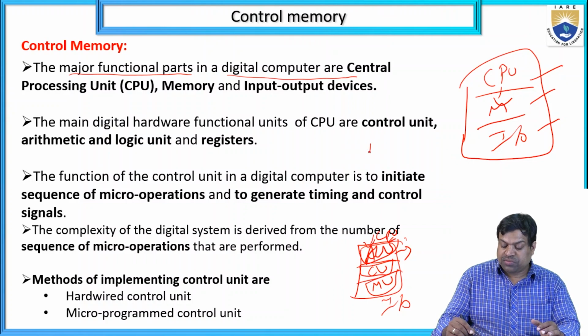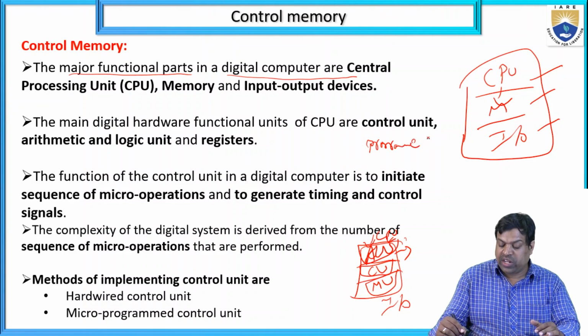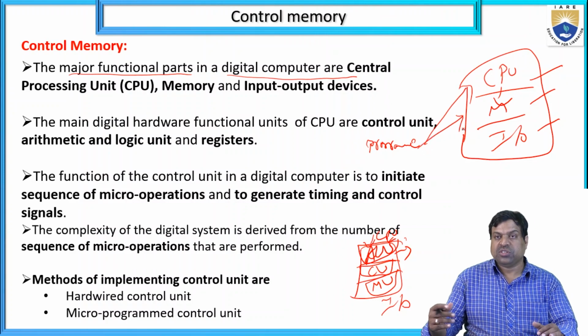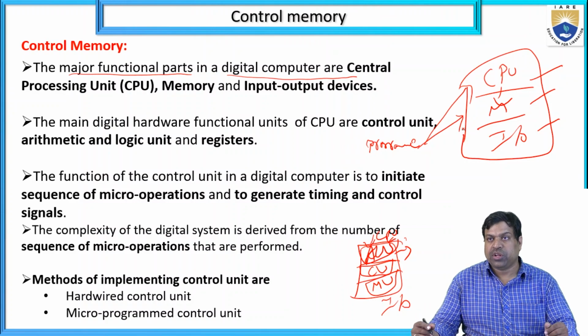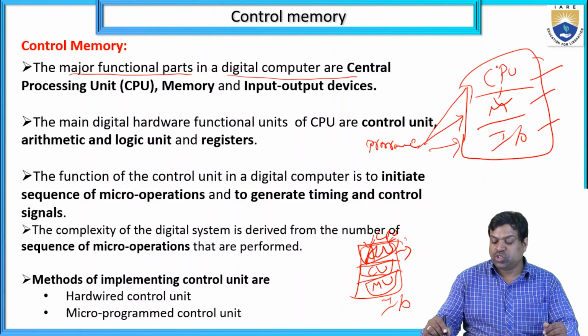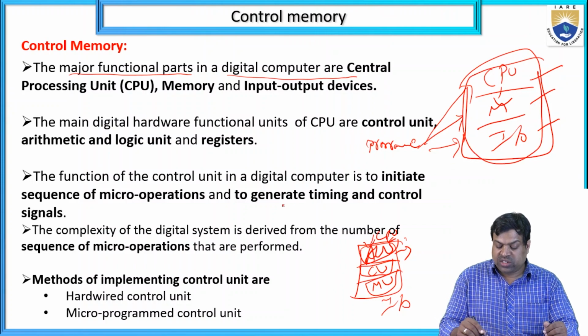Suppose I have to execute a program. Is it with the help of the ALU? No. First, the CPU will take the program. Does the memory unit belong to memory, or does it belong to input-output or not? All should be interconnected by generating the timing and control signals.